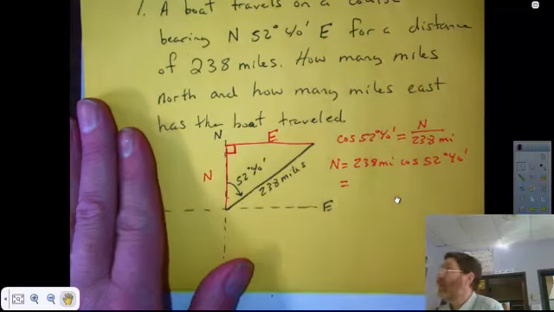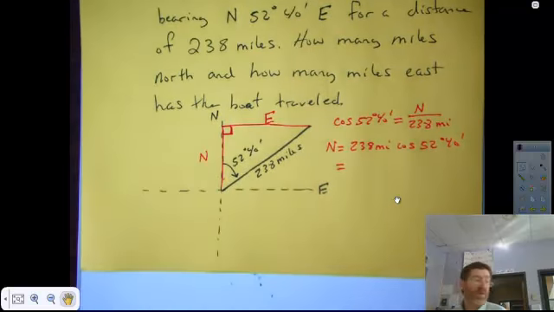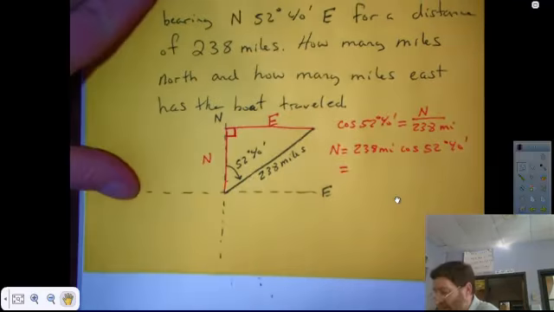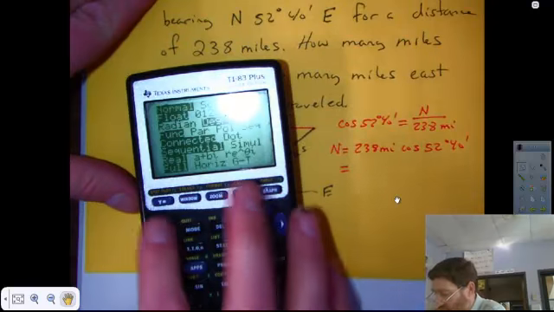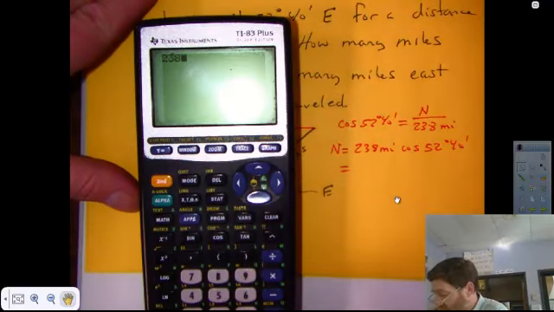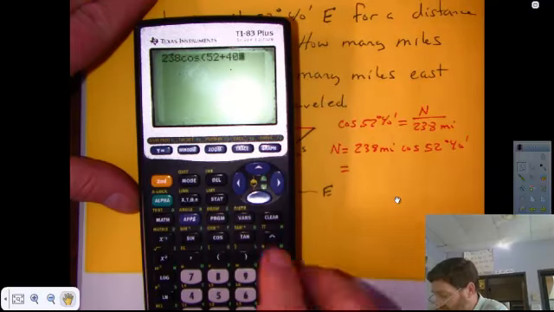Now let me show you again. Some of you on the last quiz were changing the minutes before you did the trig function. Remember, you don't have to do that. You can type it all in one step. Just divide the minutes by 60 inside the trig function, and you're going to get the same answer. On my calculator, of course, in degree mode, always check that, I'm going to take 238 cosine of 52 plus 40 divided by 60.